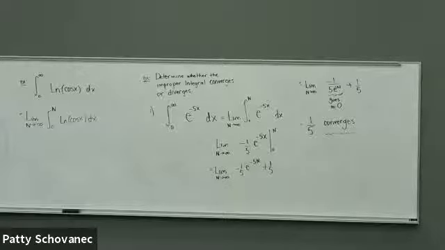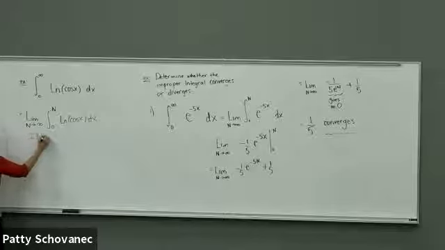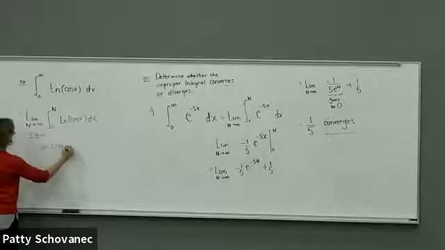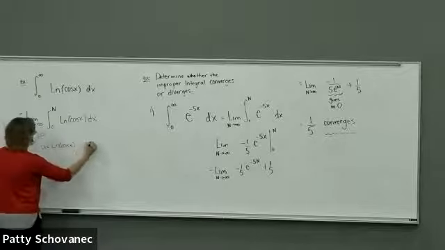How do you normally integrate logarithms? Integration by parts, where you're forced to pick u to be the natural log of cosine of x and dv to be dx.